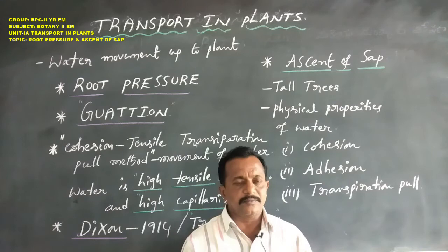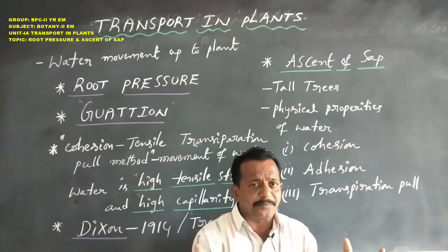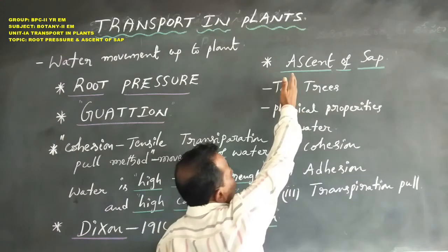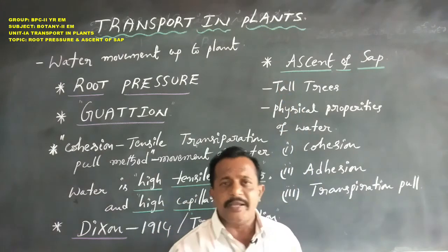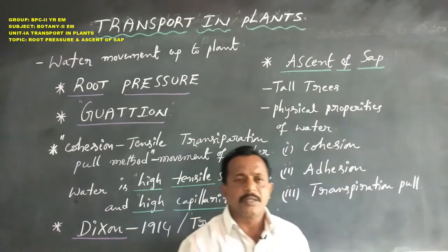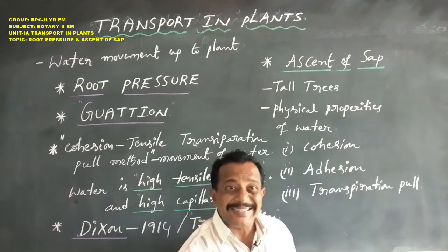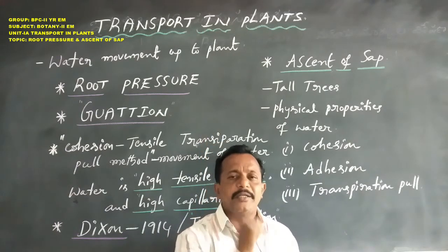Dear students, how does ascent of sap occur in tall trees? Ascent of sap means movement of water. How does ascent of sap or movement of water occur in tall trees?